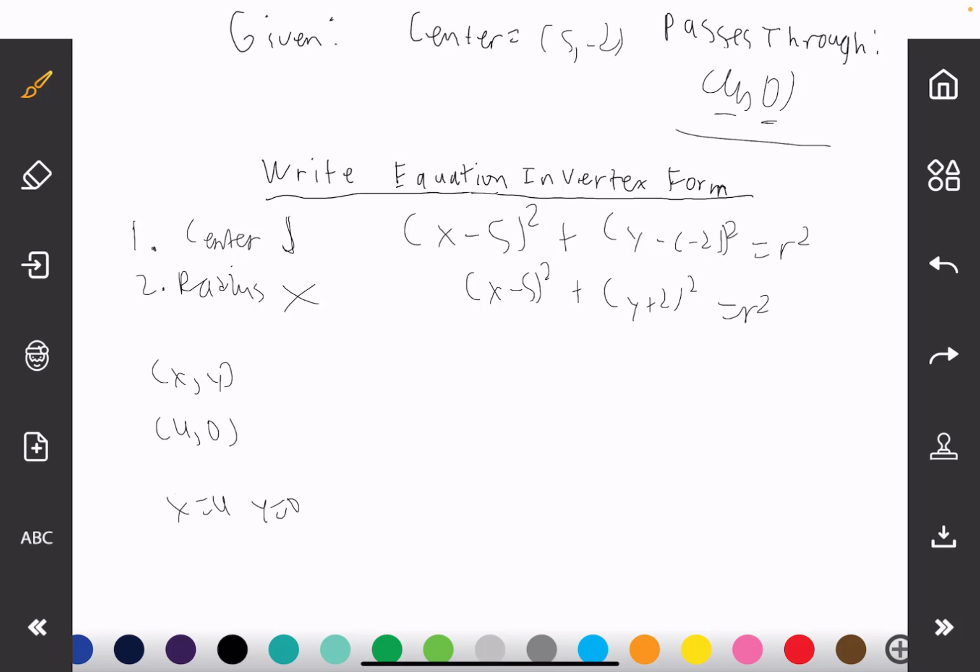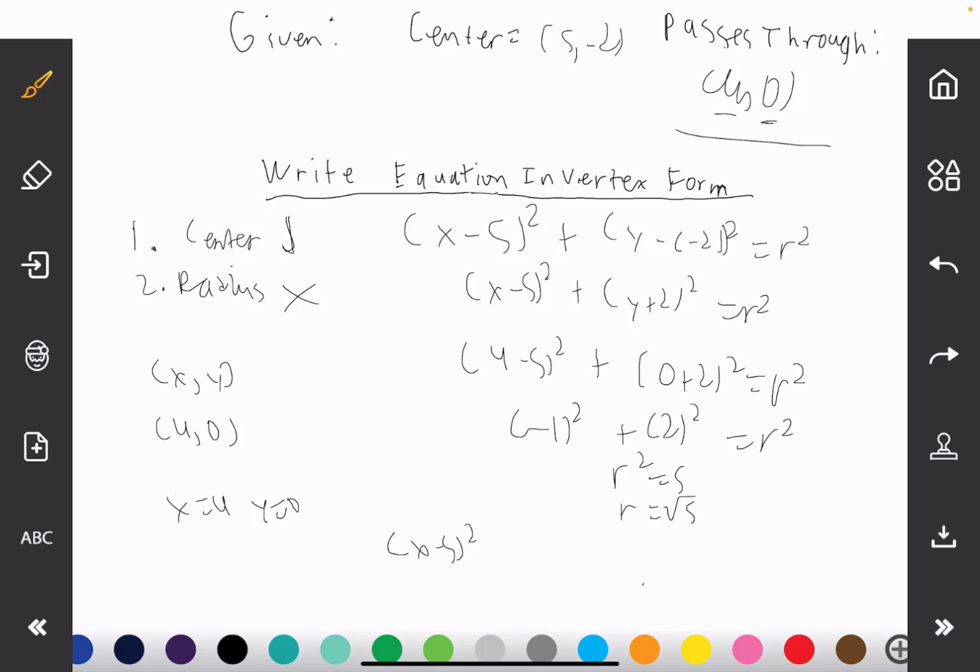So plugging this in, we have (4 - 5)² + (0 + 2)² = r². (-1)² + 2² = r². r² = 5. r equals the square root of 5. So now we have both the center and the radius, and we can now write it in complete vertex form.